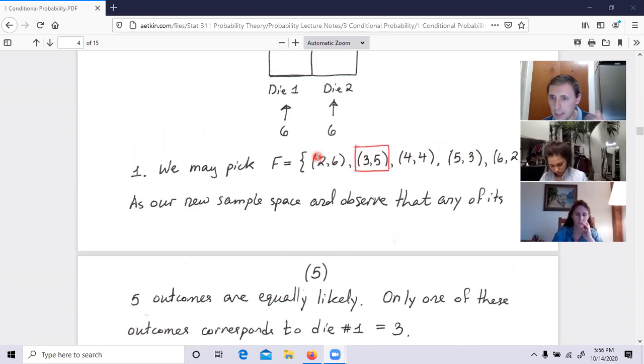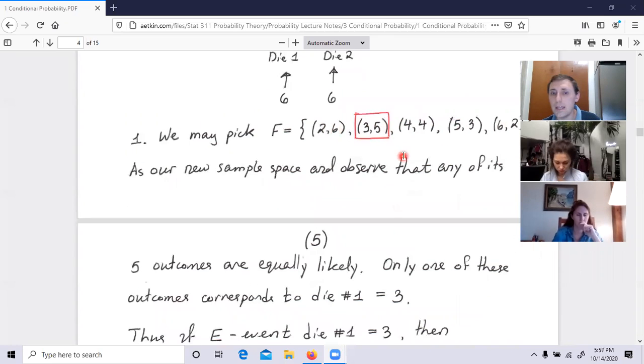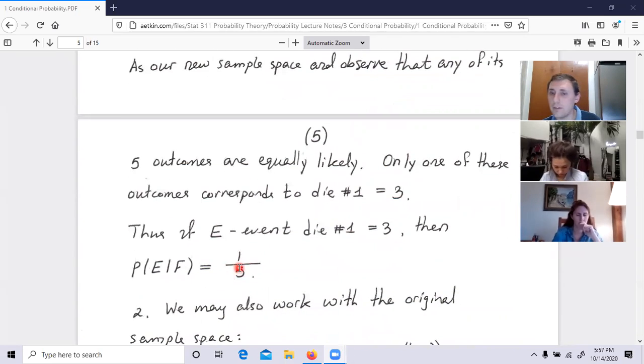We will actually later justify why this is a correct assumption, but it doesn't feel that nature will prefer any. If F happened, it doesn't seem that any of the outcomes in F are favorites. They're all equally favored, which means the probability 2, 6 happens is 1/5, this happens 1/5, and onward. So the answer is indeed 1/5.